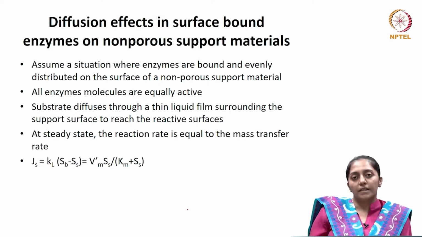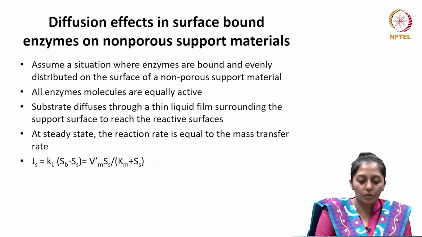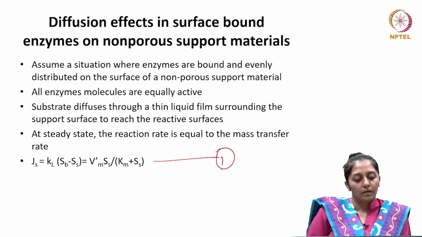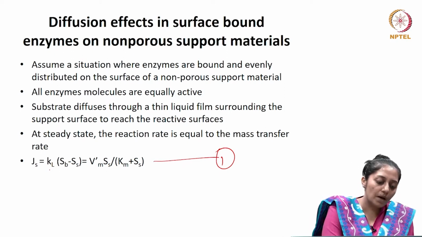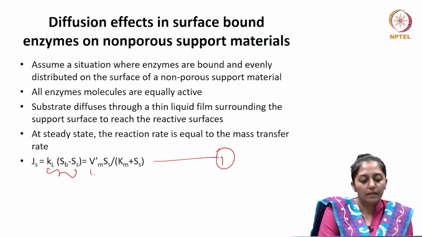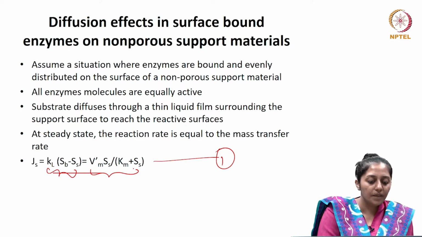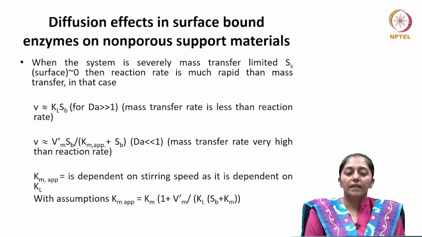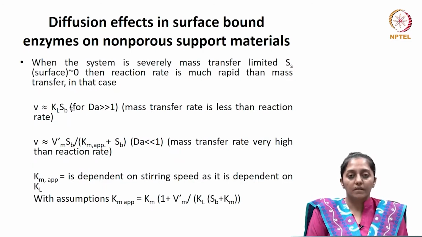Under steady state, whatever substrate is diffusing in is what is getting consumed in the reaction. Your equation shown at the bottom here demonstrates the steady state. This is the mass transfer of the substrate and the RHS is the reaction rate of the substrate. Let us see what happens when this system becomes diffusion limited.